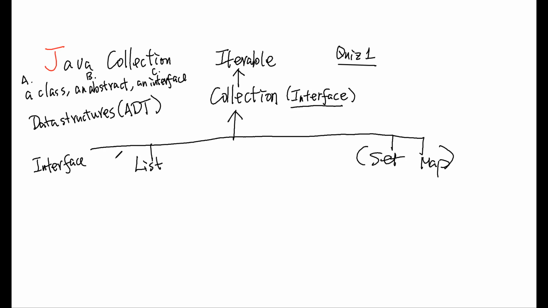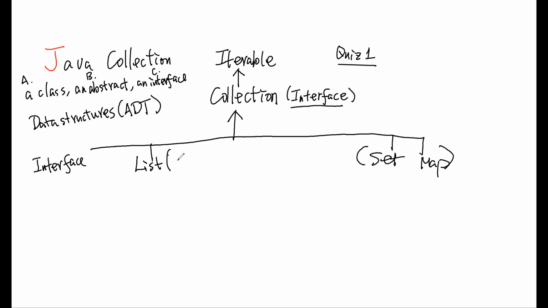For list, we have already seen array list and linked list. They can store a collection of items linearly, and you can access them sequentially. Also, array list is accessible through an index.